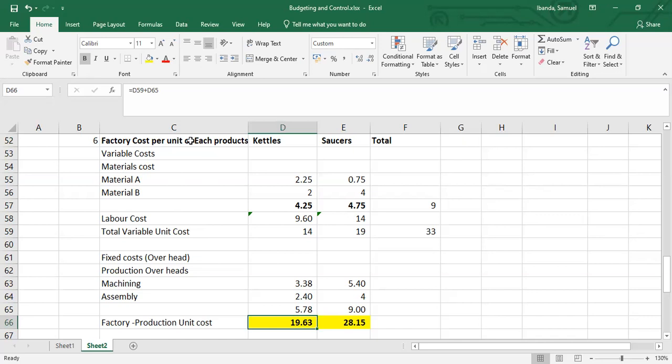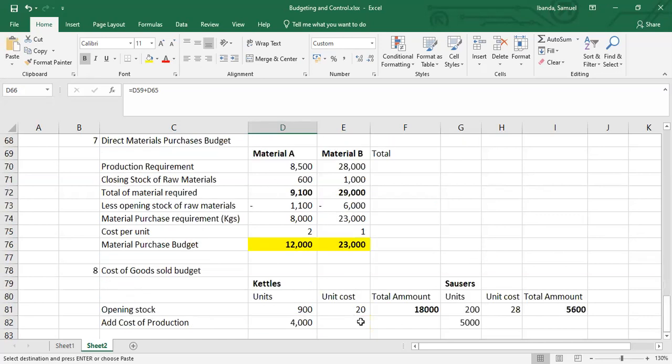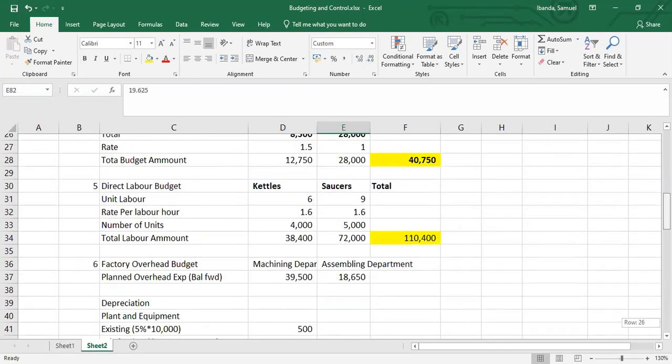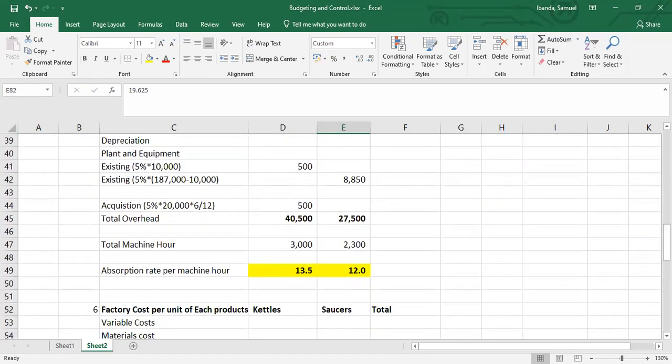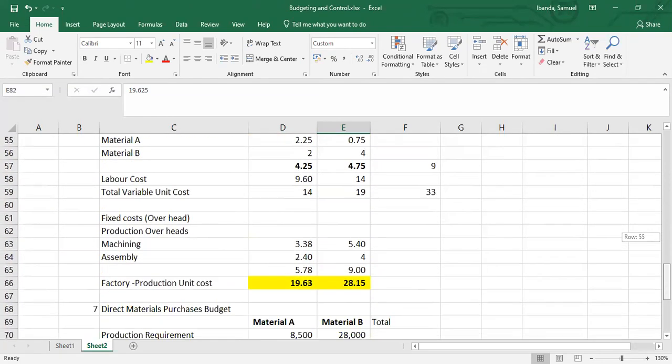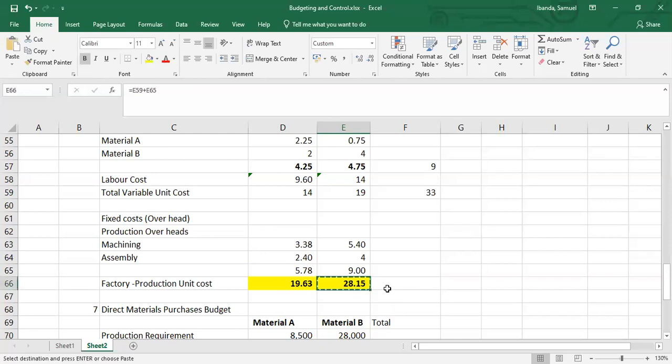This is your factory cost per unit. So it's the unit cost that you use when it comes to your cost of production. And then I'll come and pick the other, 28.15. Okay.